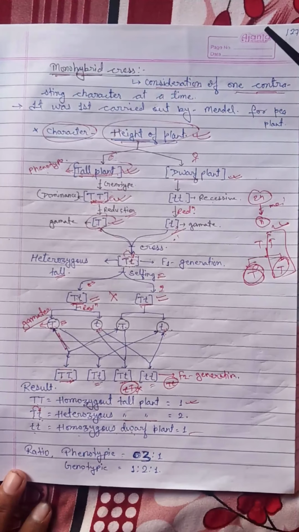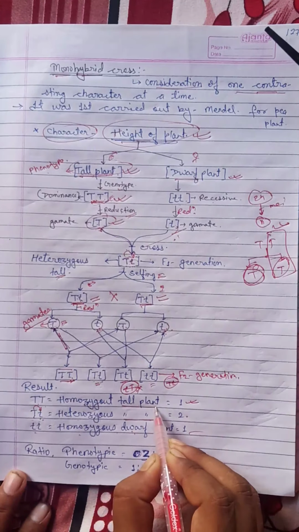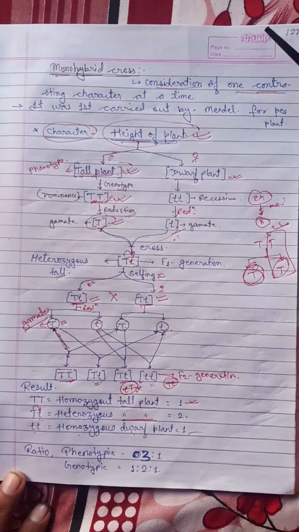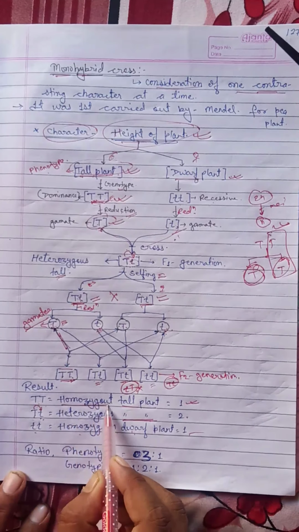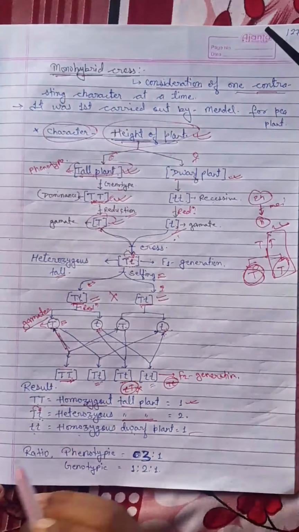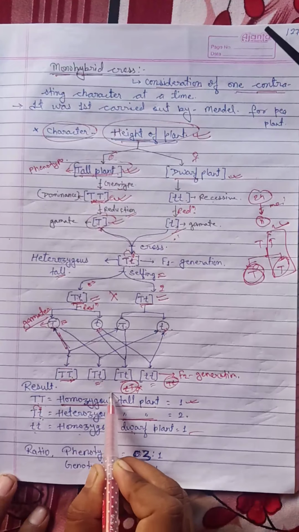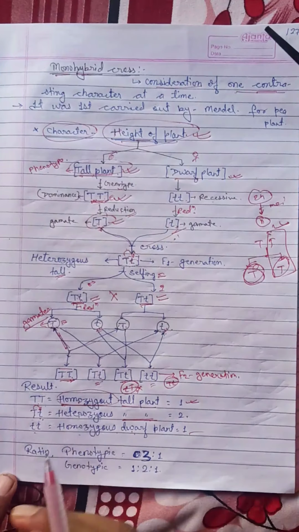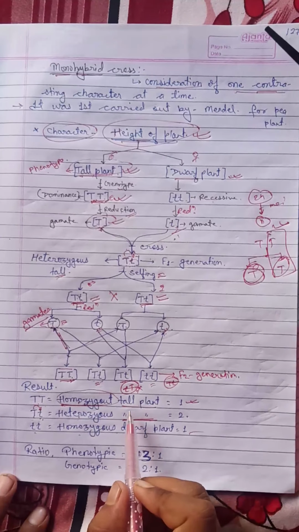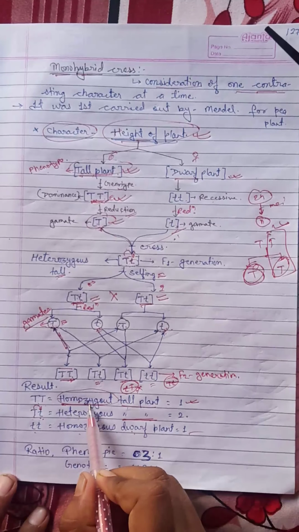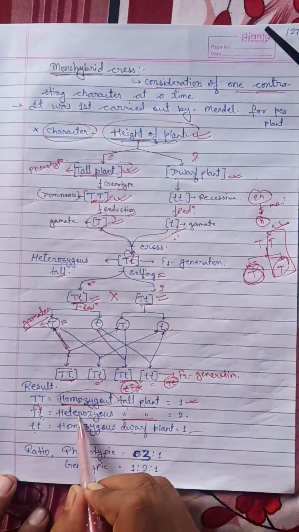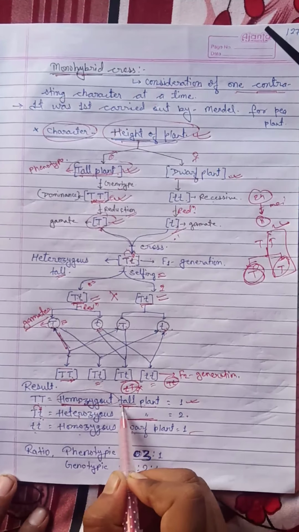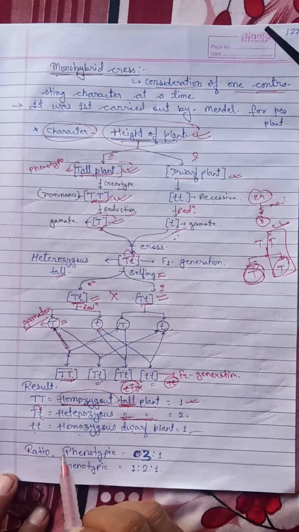So can you tell me, this is a tall plant and this is also a tall plant. Physical appearance, external appearance. We told you in the last video that we will not consider the phenotype as homozygous or heterozygous. We will always consider the resultant, like homozygous tall, heterozygous tall. That means the nature of the plant is tall.